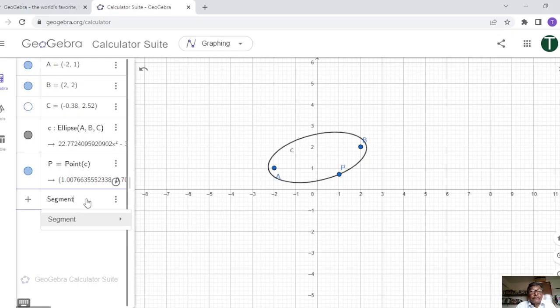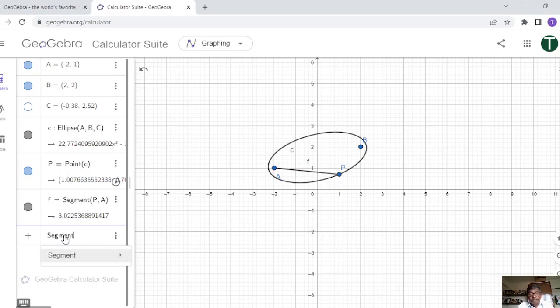And therefore, what I do here, I first draw a line segment between point P and the focus A. So it has joined this. Similarly, I create another segment, and I say that it is P comma B, and it returns this length PB.